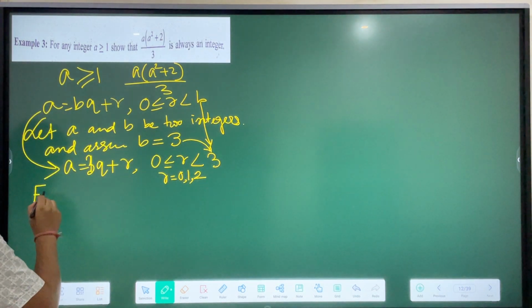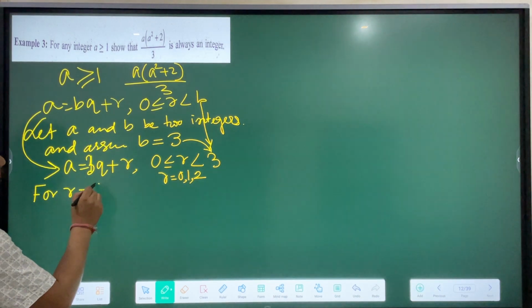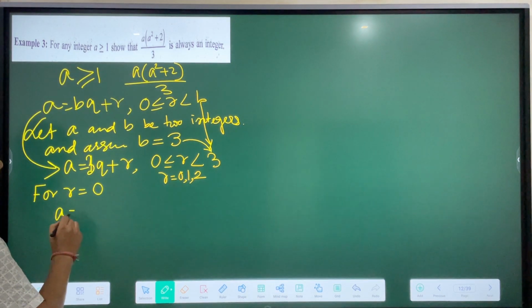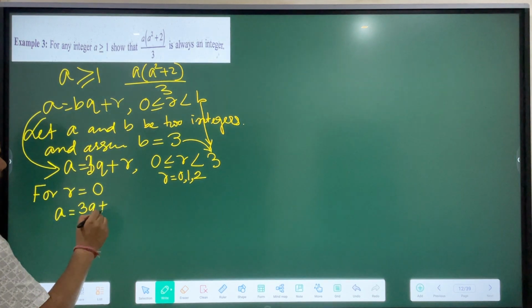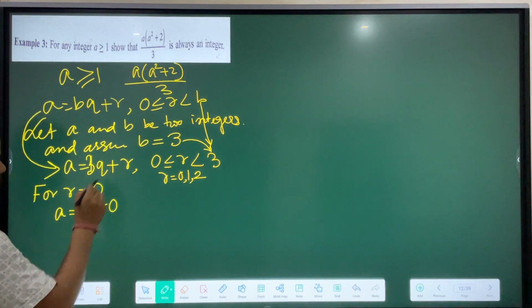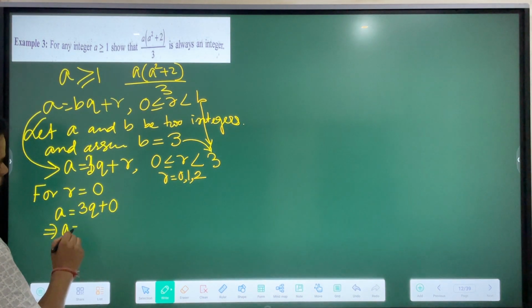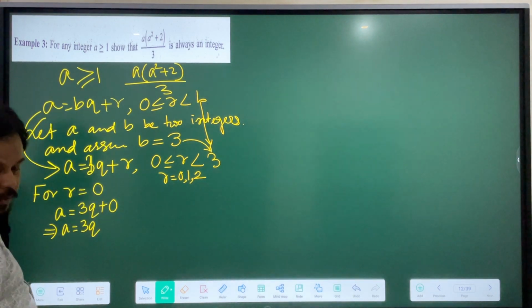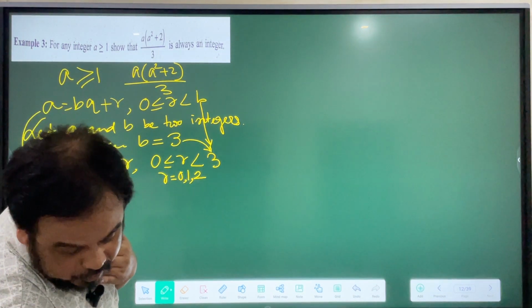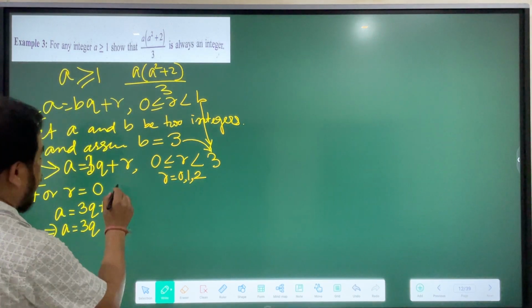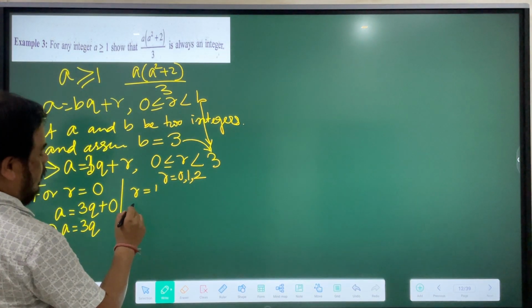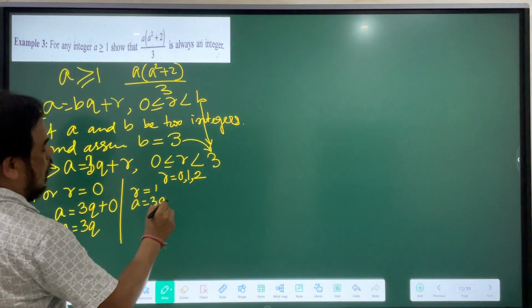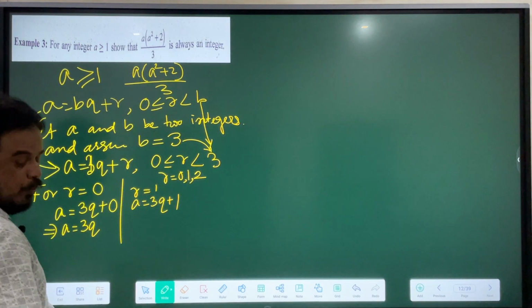So for r = 0, a = 3q + 0, so a = 3q. Then r = 1, then a = 3q + 1. I went shortly because it is in the book only.